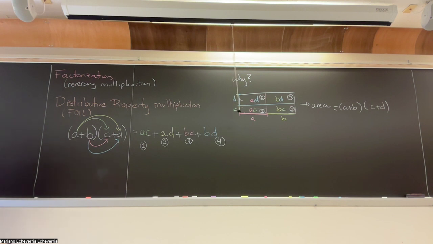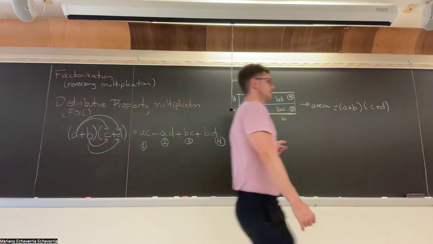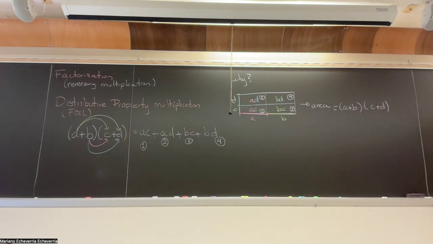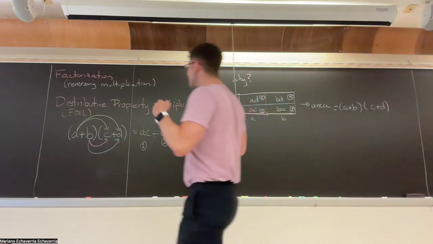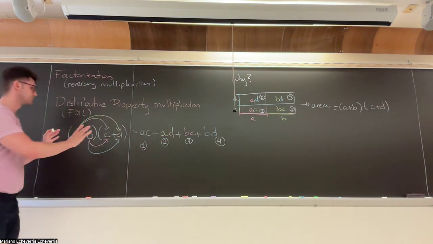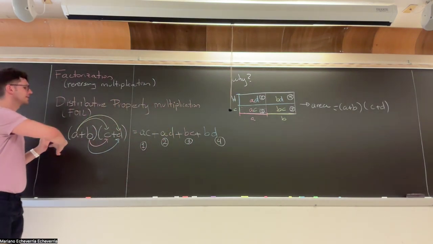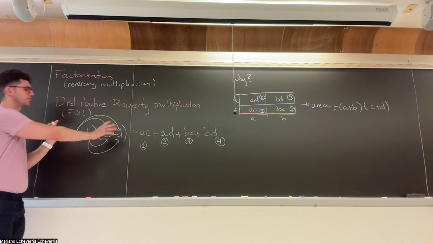Now, why is this useful? In practice, I'll write it a bit more abstractly and then give you some more examples. The way you think about it is usually not that you start with the product of two numbers expressed nicely in parentheses.